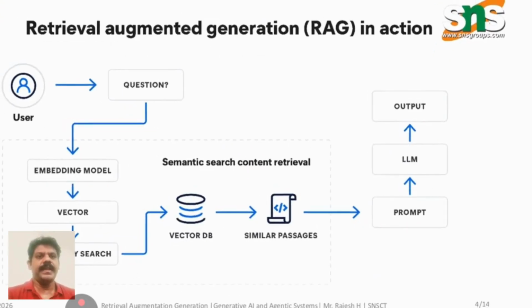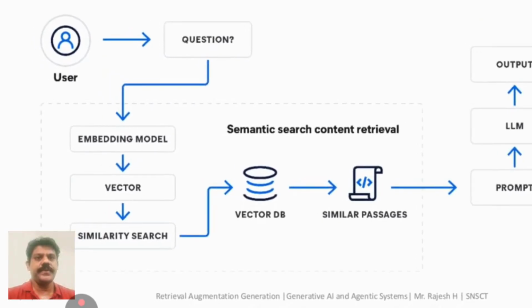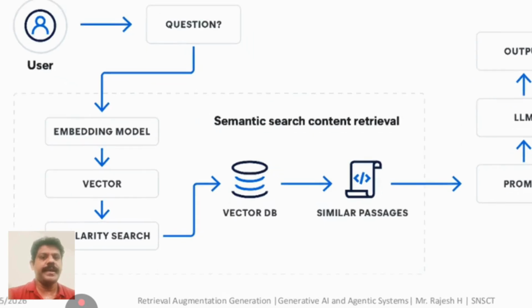So if you look at the diagram, how RAG works in action: the user produces the question through a query or prompt, and then the embedding model finds the relevant information and converts it into the form of vectors. Then the similarity search is triggered over the vector database.